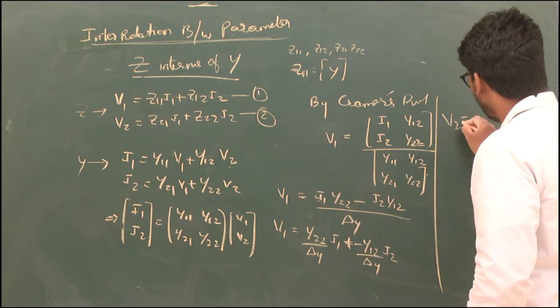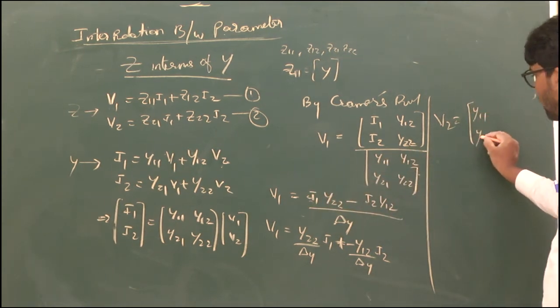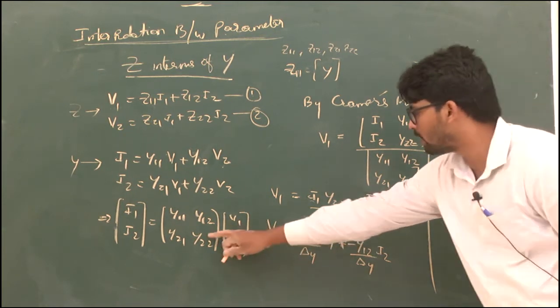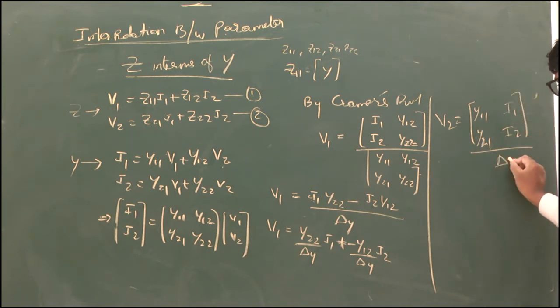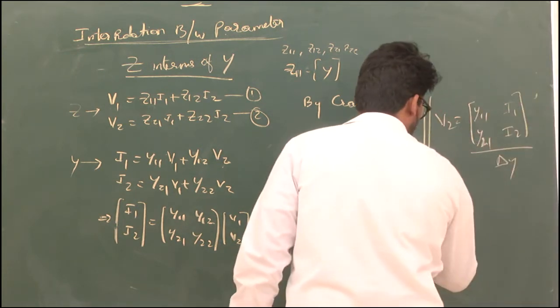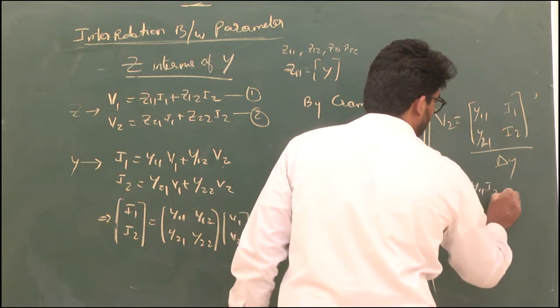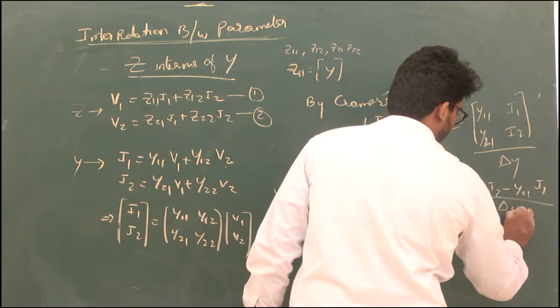For response I2, this first column will be replaced with the same values y11 and y21, but we interchange the second column with responses I1 and I2 by delta y. So by this we get V2 equal to y11 I2 minus y21 I1 by delta y.